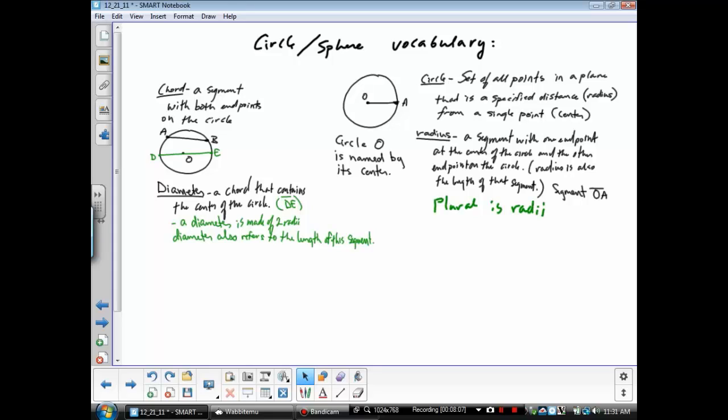Now, if a segment passes through the circle, so it could be a line, it could be a ray, it could be a segment that passes through the circle, intersecting the circle at 2 points, then it's called a secant of the circle.